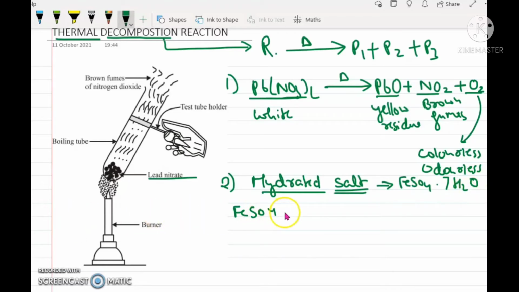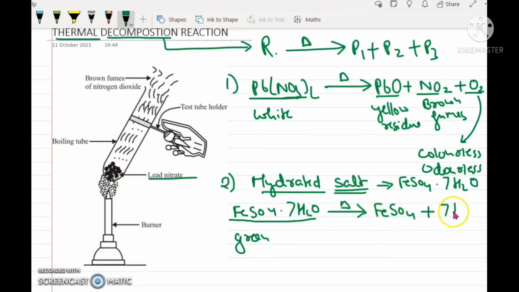So if I start the reaction from FeSO4.7H2O, please keep it in mind that the hydrated salt of ferrous sulfate is green in color. When this is heated in a test tube, the water of crystallization separates from the ferrous sulfate crystals and leaves it as a white color solid.